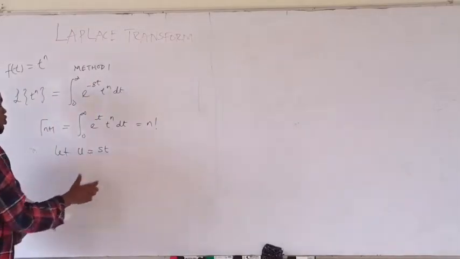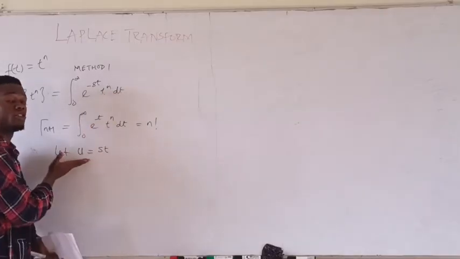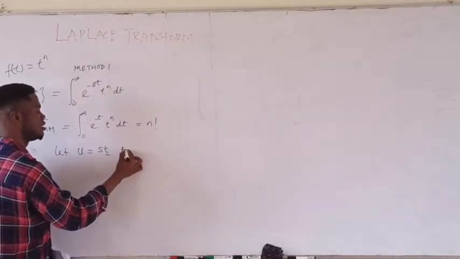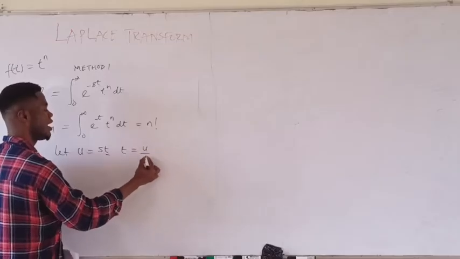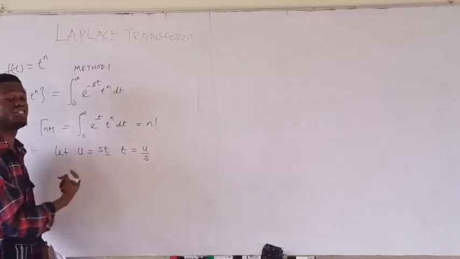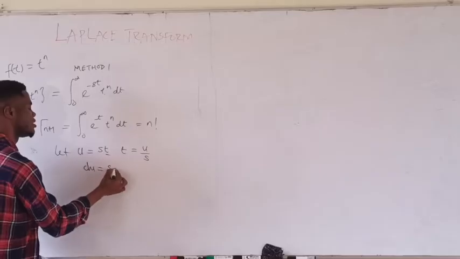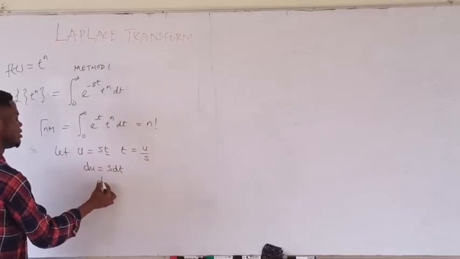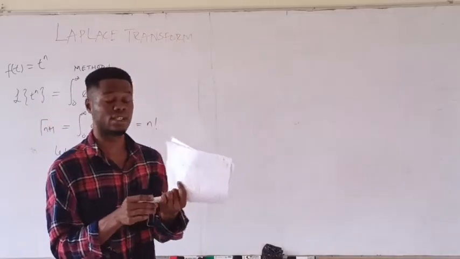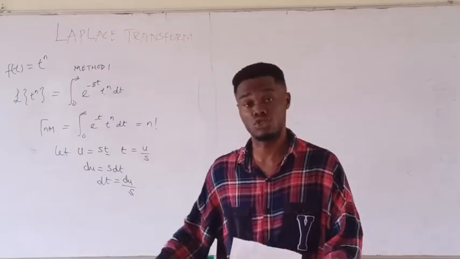Alright, so if u is equal to st, I'm trying to change from my s-world to my u-world. So if u is equal to st, then t is equal to u over s. Are you there? Since I'm trying to change from t to u, I have to differentiate both sides. That means du is equal to s dt, which means that dt is equal to du over s. So this is me trying to make these integrals the same.